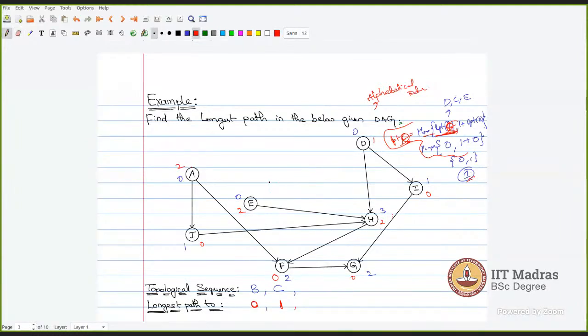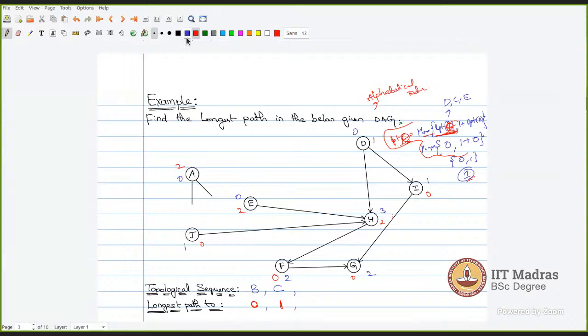Now see, now we have vertex A in degree 0, vertex E in degree 0, vertex D in degree 0. So as we have to follow the alphabetical order, we have to remove vertex A as well as these two edges. So I remove.